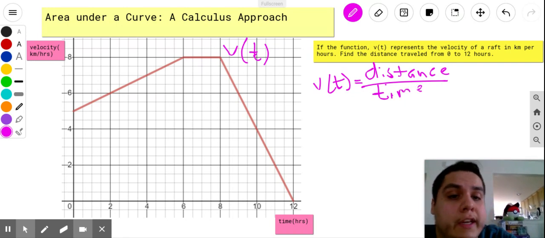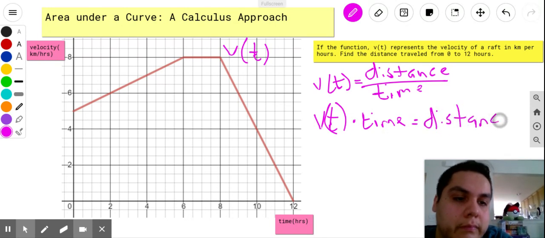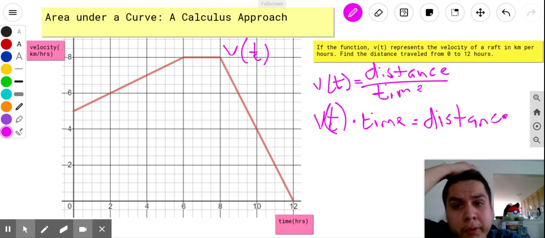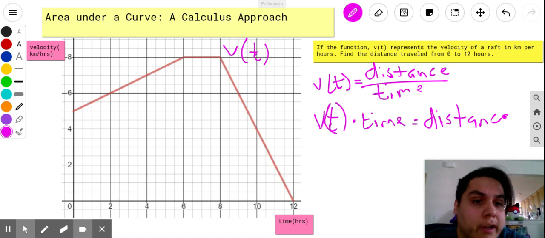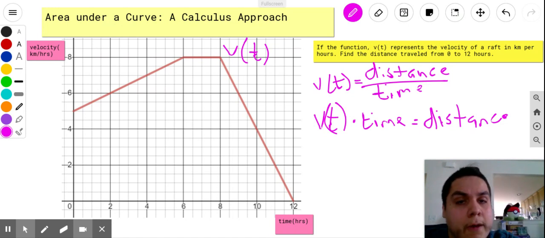Another way to think about that is I can take velocity multiplied by time in order to find distance. Right? So since I know what the velocities are and I know the times, I can use that approach to find the distance that was traveled between that amount of time.